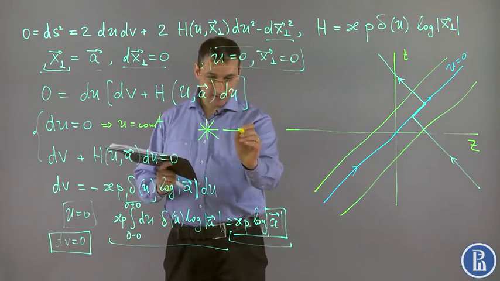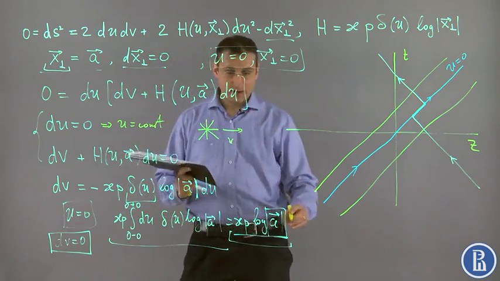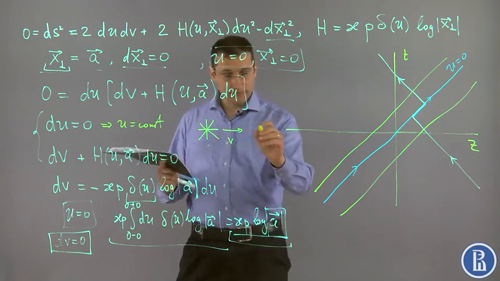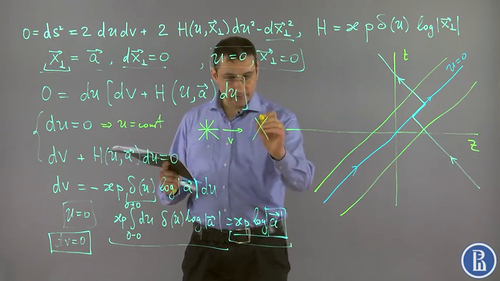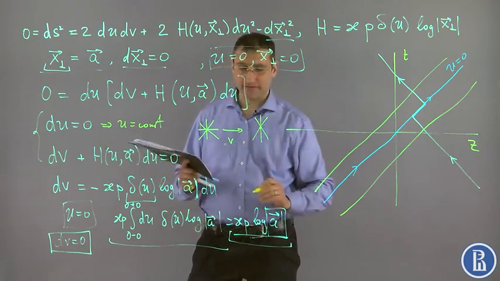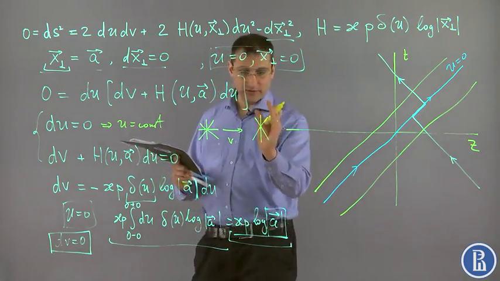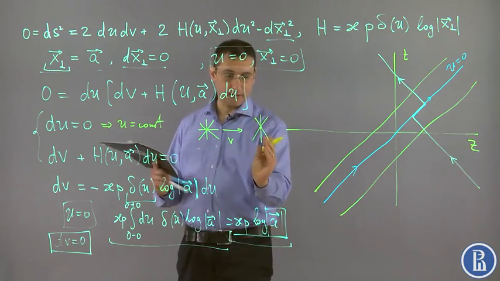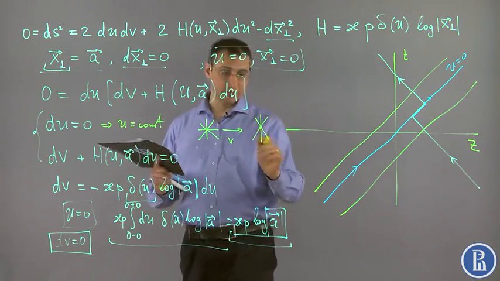Then we boosted with some velocity v, and because of the contraction in the direction of the boost, we have field lines more densely compressed in the direction perpendicular to the motion.